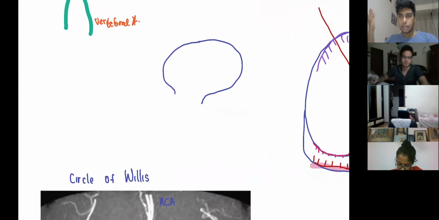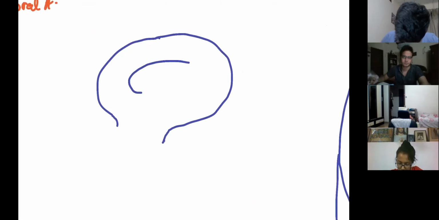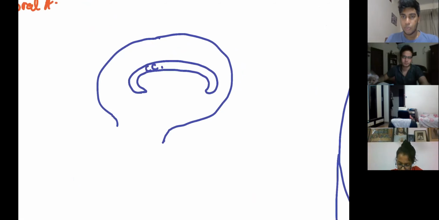Now we are going to cut the brain from the middle. Think of it like this, and you cut it from the middle. When you cut it from the middle, you will see this white matter area called the corpus callosum. Can anyone tell me what is the importance of the corpus callosum?